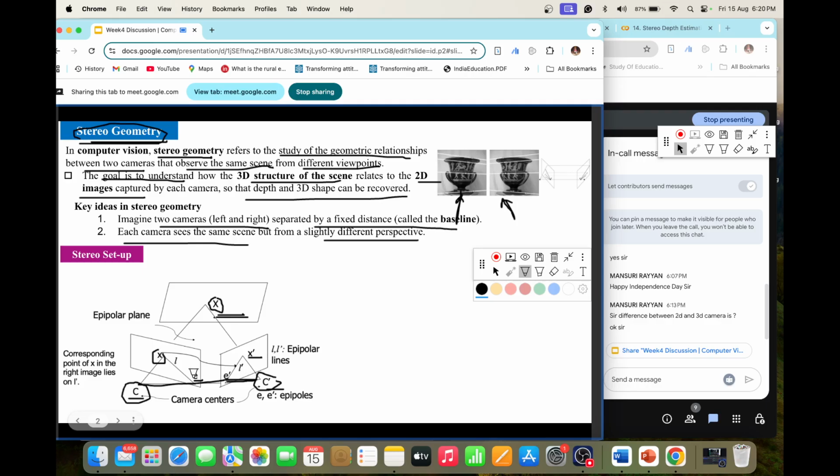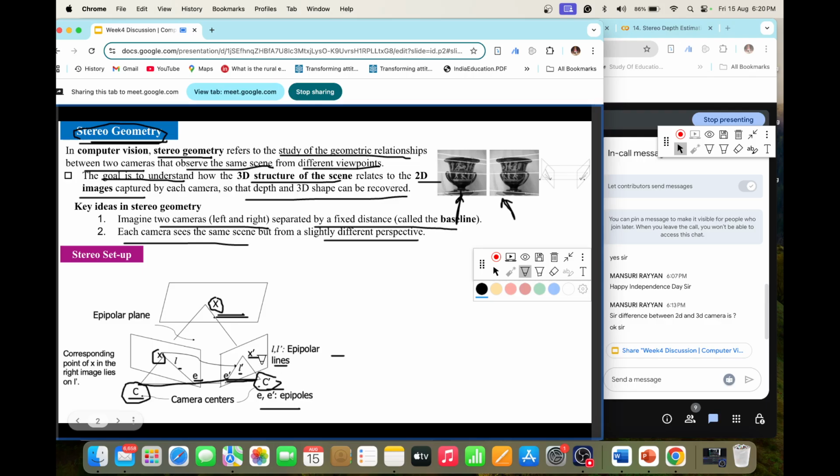The line connecting the left epipole with the left image point is the left epipolar line, L. Similarly, the line connecting the right epipole and the right image point is the right epipolar line, L dash. So that covers epipolar lines L dash, epipoles E dash, camera center C dash, and X and X dash are the image points: X by the left camera, X dash by the right camera.